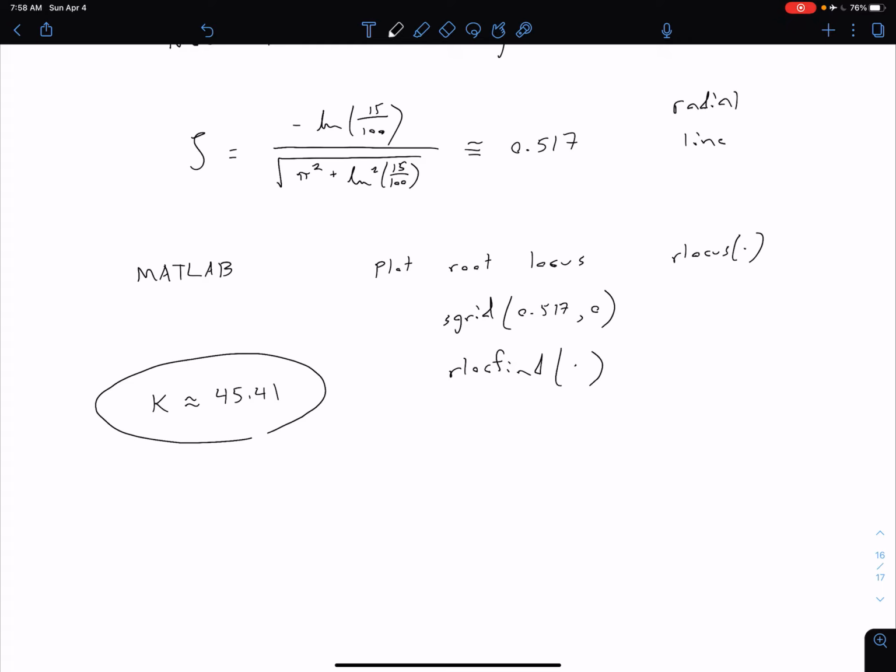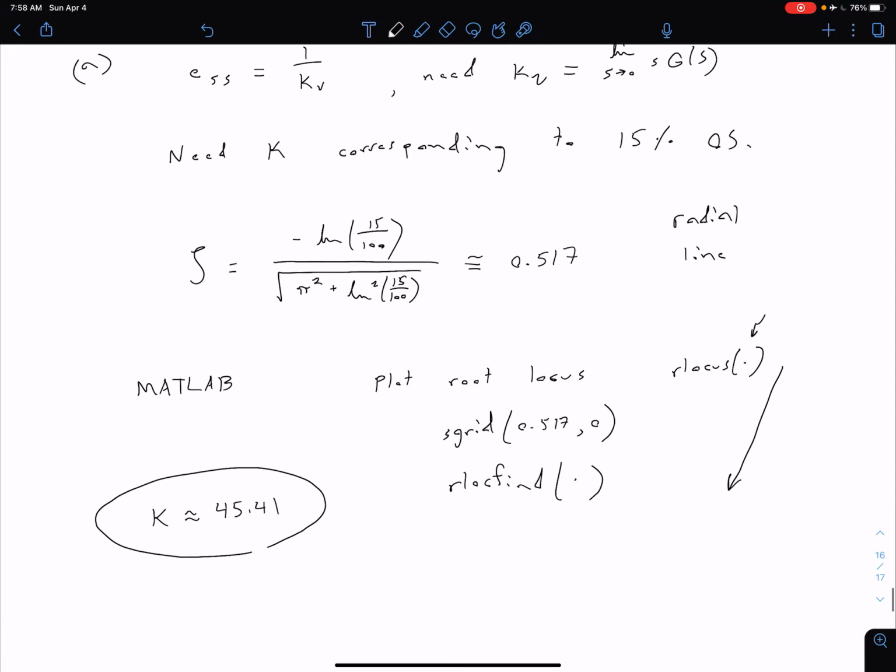So if you do this process in MATLAB, you might get a slightly different value for your gain, and that's okay. You might also see slight variations depending on the resolution of the gain in your plot. Remember, we can have a second argument here, which is an array of gain values, and in doing that we can set the resolution of gain. So based on these things, you might get a slightly different value, but it should be around 45.